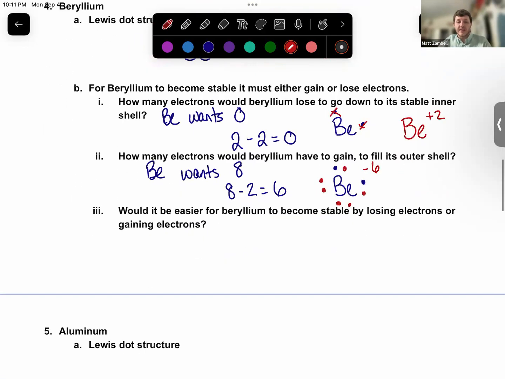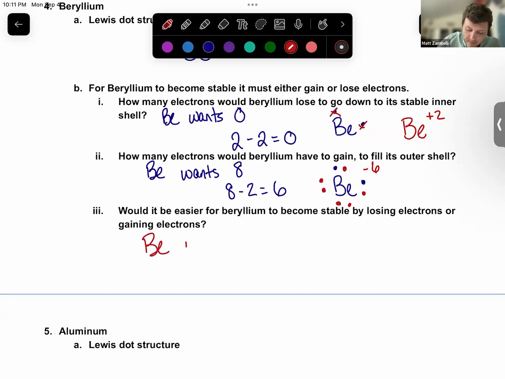So which one was easier for beryllium to do? Going to a +2 or going to a -6? Because 2 is less than 6, and finding 2 places to put 2 electrons is easier than finding 6 places to take 6 electrons from.